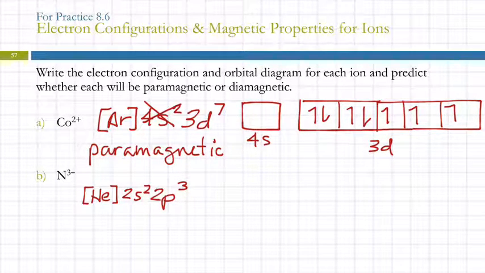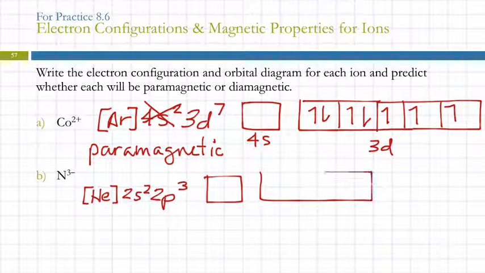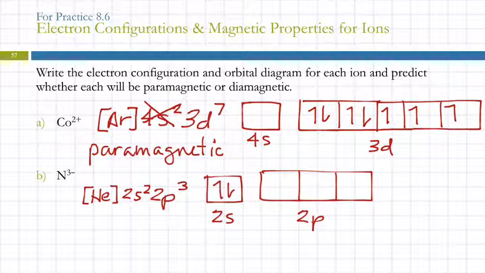So that is nitrogen, the atom. Let's draw the orbital diagram. So this is 2s, and this is 2p, and we've got 2 electrons in there and 3 in here. That's the nitrogen atom.